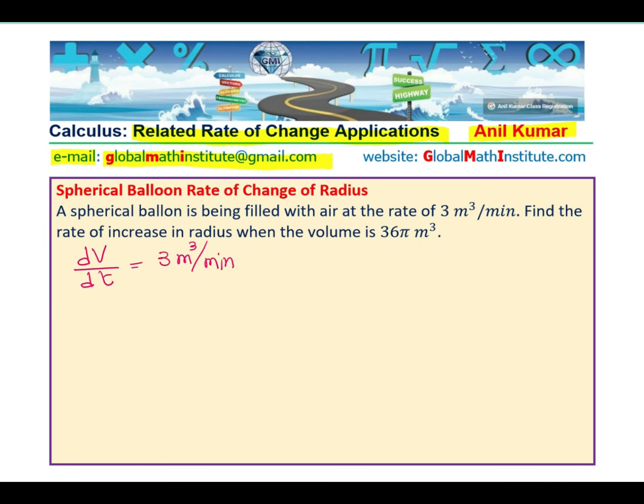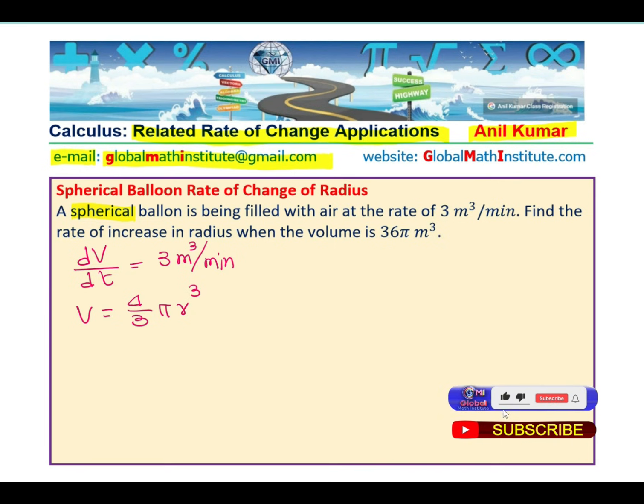So now we are looking at a sphere, and change of volume is what we are looking into. So we should know the formula for volume of a sphere, which is 4 by 3 pi r cube. You see how the things are related, right?